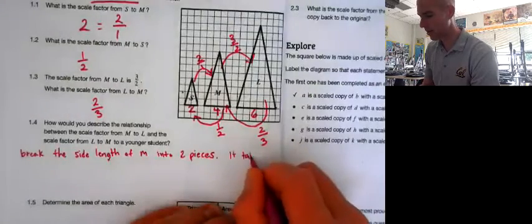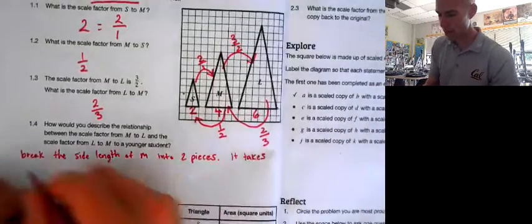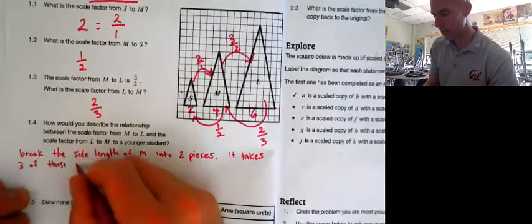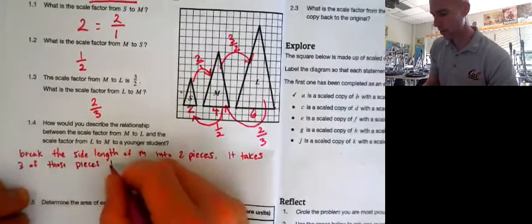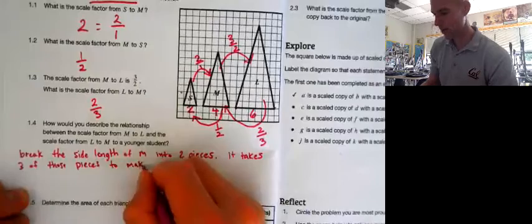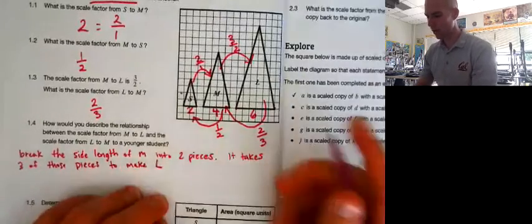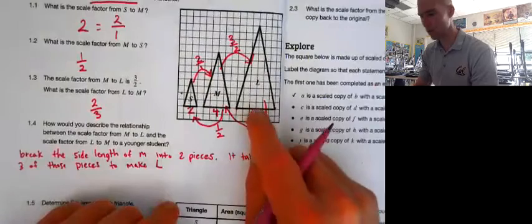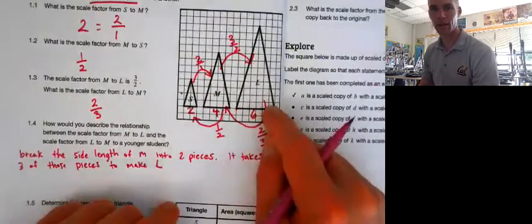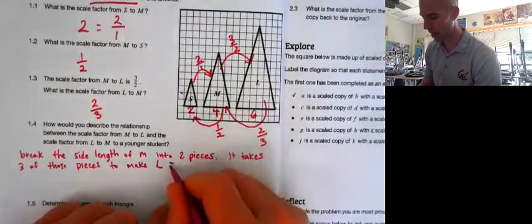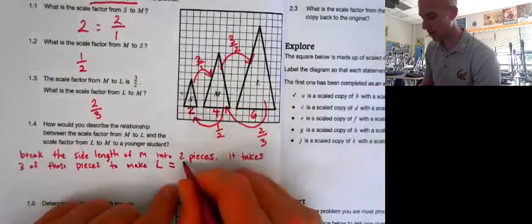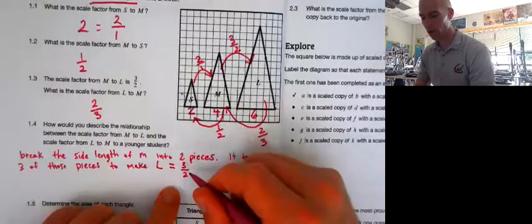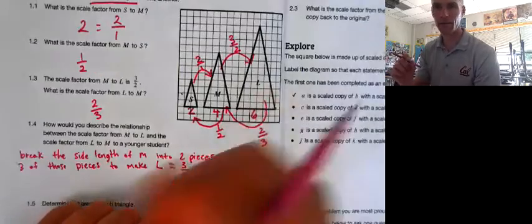It takes 3 of those pieces to make L. If you had these pieces that were 2 each, you would need 3 of those, 2, 4, 6, to make the side length of L. And so that's where we get that scale factor of 3 over 2. You need 3 parts, each one being a half of M.